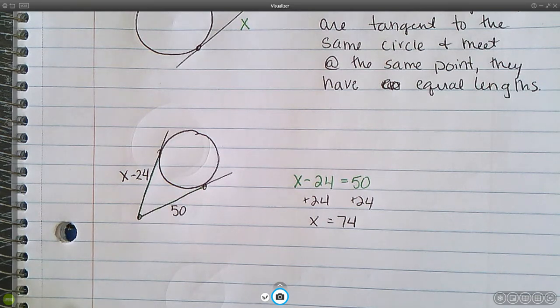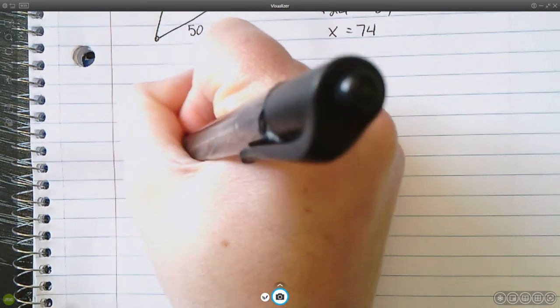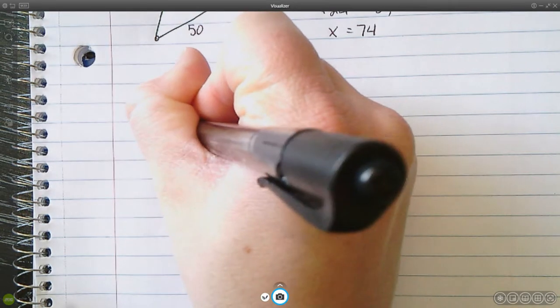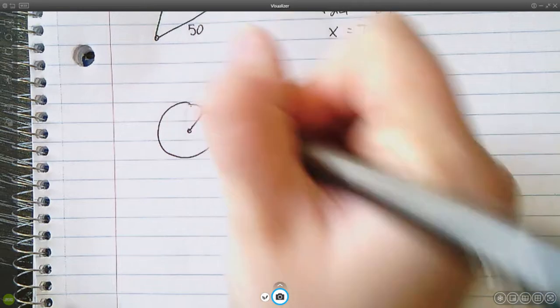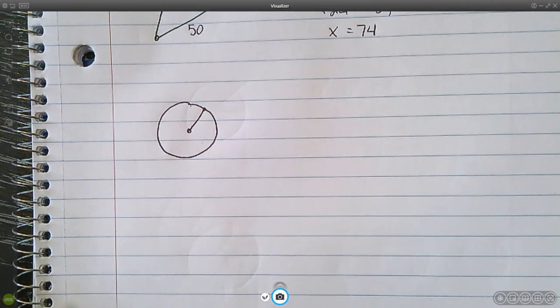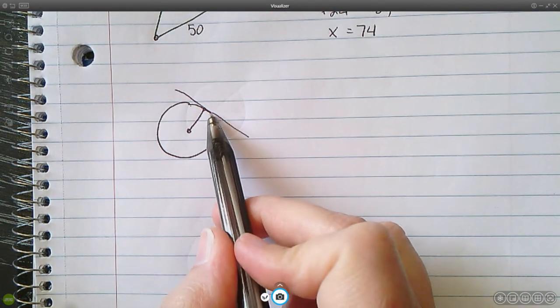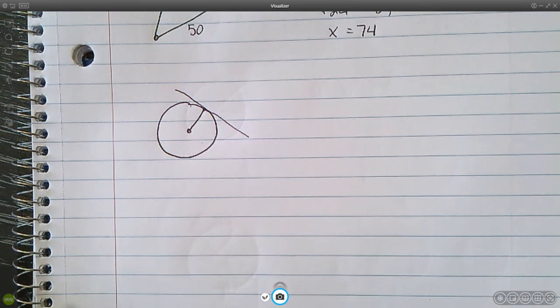Okay, then we have one more thing that we need to know about tangents to circles. If we have a circle, and we draw in a radius, a radius goes from the center of the circle to an outside point. Then we draw a tangent that goes through that point.